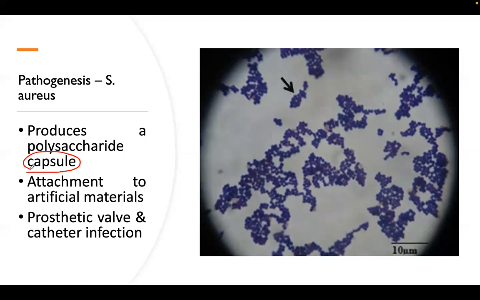What is its importance? It aids the organism to attach to artificial materials, such as a prosthetic valve or a catheter, which explains why Staph aureus is associated with prosthetic valve and catheter infections. So please take note of that.